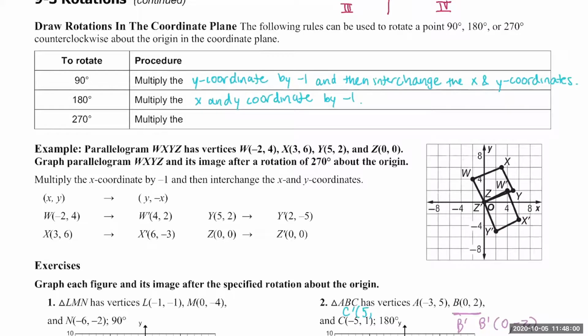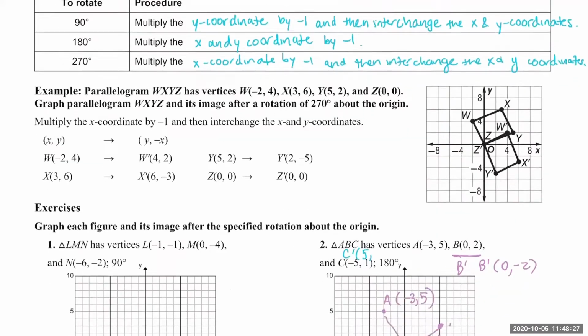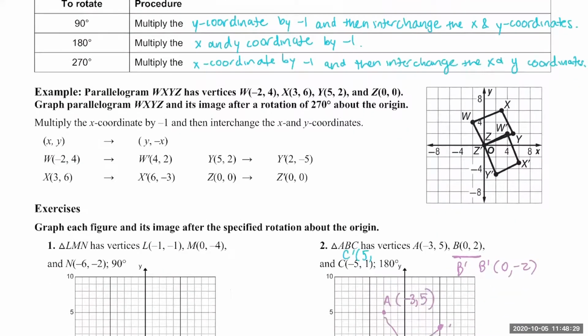And the last rule for the 270 degrees is instead of multiplying the y coordinate, we're going to multiply the x coordinate by negative 1 and interchange as well. Once again, you don't have to memorize these rules, you guys can just use what we did below if that helps you.